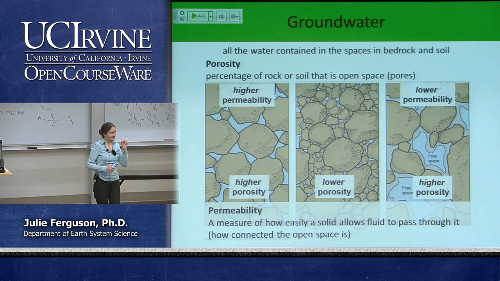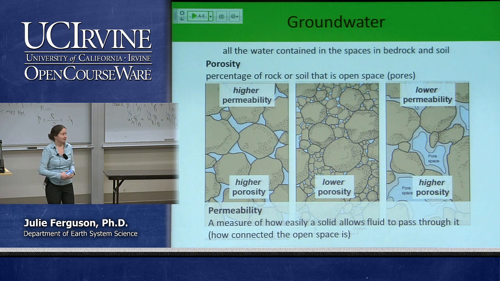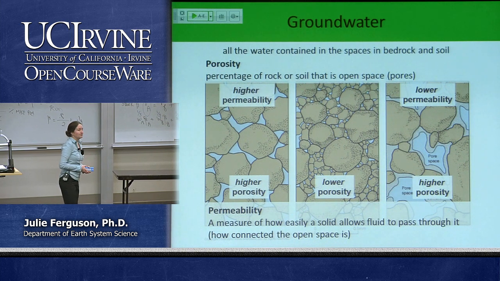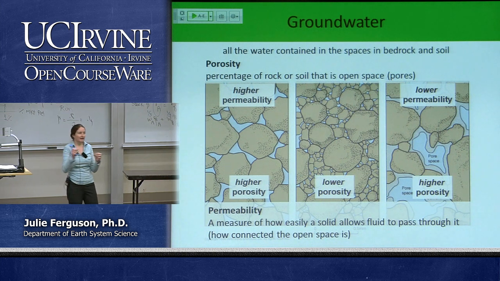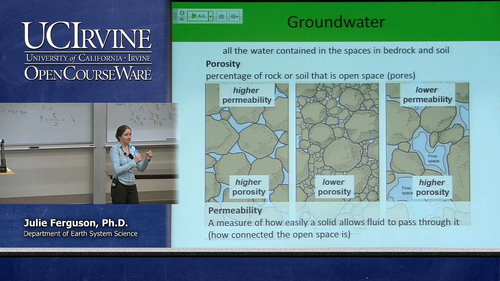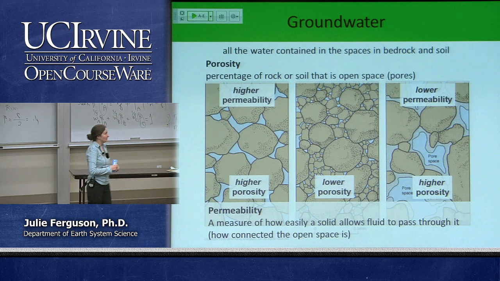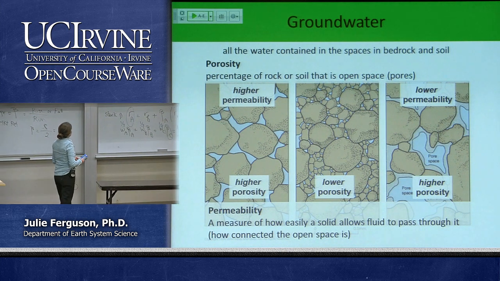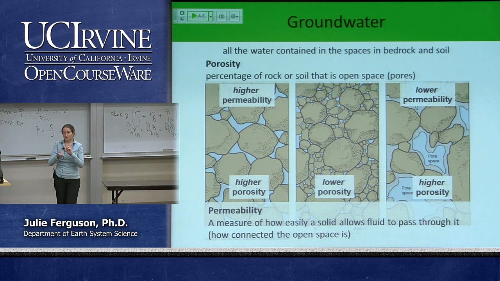So porosity is basically how many pore spaces you have, so how much open space exists in your rock. And then lastly, we have permeability, which is basically a sense of how connected those different pores are. So for example, if we look at my different examples here, on the very left we have something that has quite a lot of pore spaces in it, and those are all connected together. An example of this one might be sand at the beach.